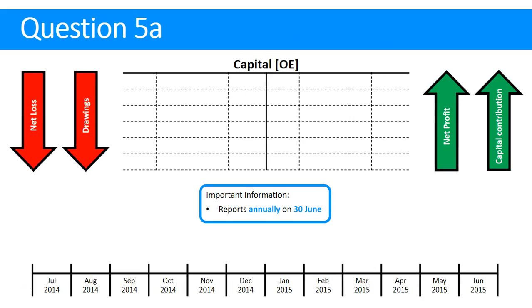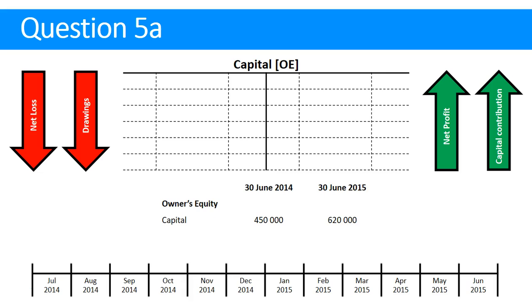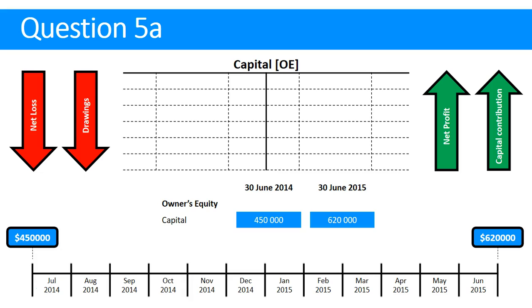So let's start with the first information. We were told that the business reports annually on the 30th of June. We were given the balance for capital at the end of 2014 was 450, and at the end of 2015 was 620. So at the start of July 2014, the balance was 450,000, and at the end of June, the balance was 620,000.